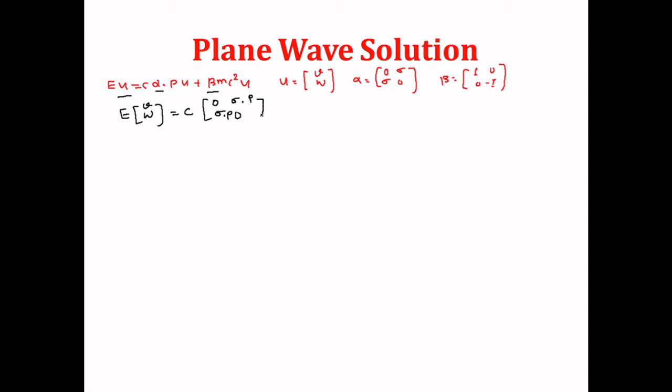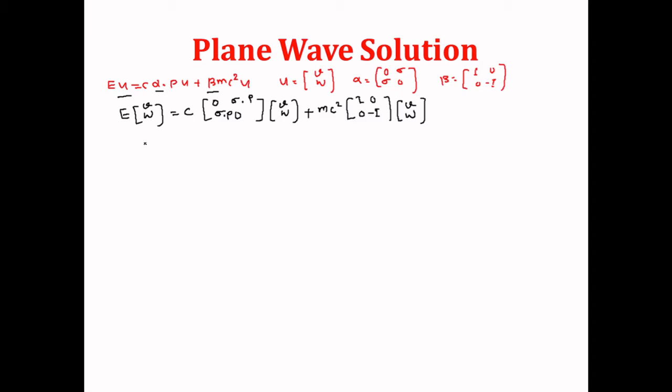So the equation becomes c into the matrix 0 sigma dot p, sigma dot p 0, into v w, plus beta mc square u, where mc square is a constant and beta is a matrix, so we can write it as the matrix I 0, 0 minus I, into v w.